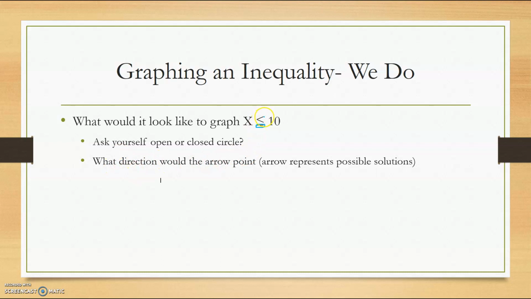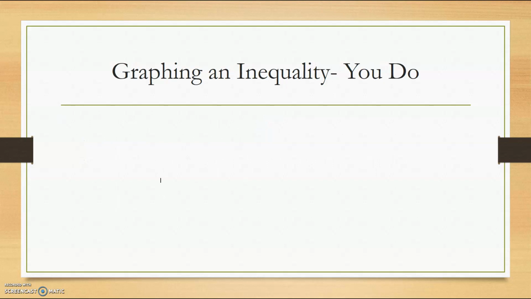Remember, I like to go ahead and make the arrow, and it's any number to the left of 10, right? Those numbers are less than 10. So at 10, we've got a closed circle. That means 10 is a possible solution, and it's any number less than that. And you can refer back to the writing inequalities problems and verify if that is correct, okay?